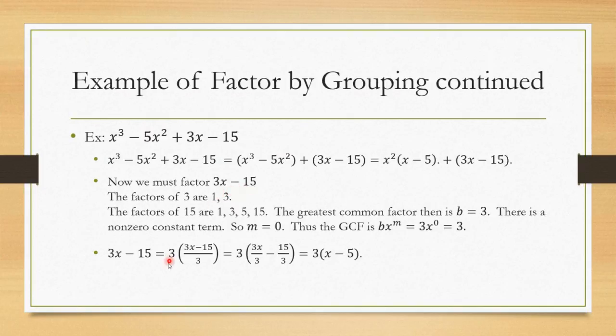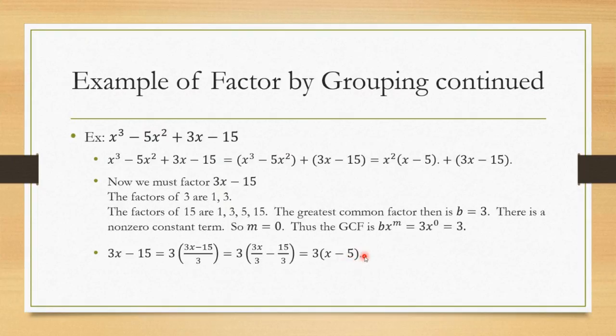So we factor out 3, as you can see. We divide, put it in front. We divide into each term. The 3's here cancel. 15 over 3 is 5.